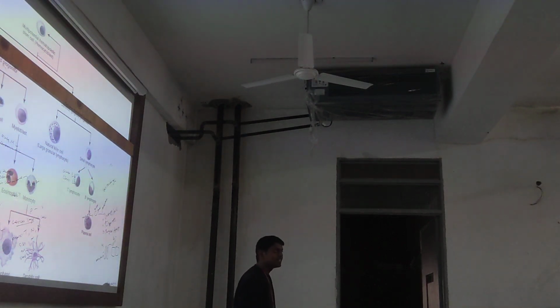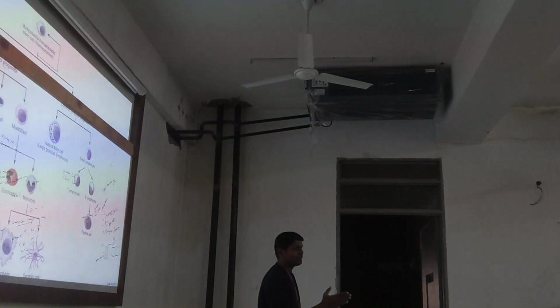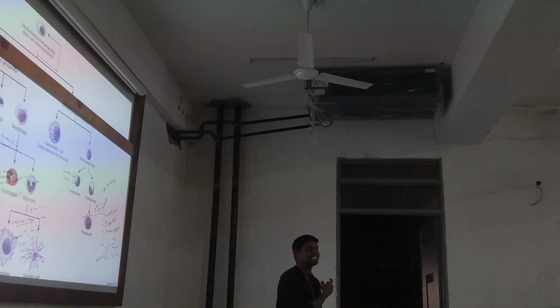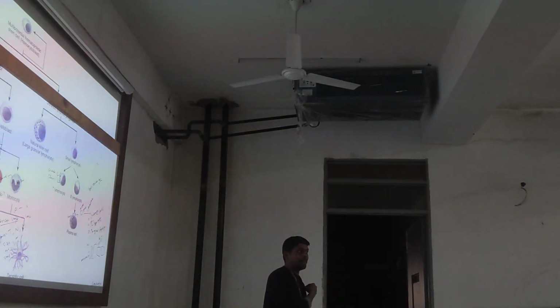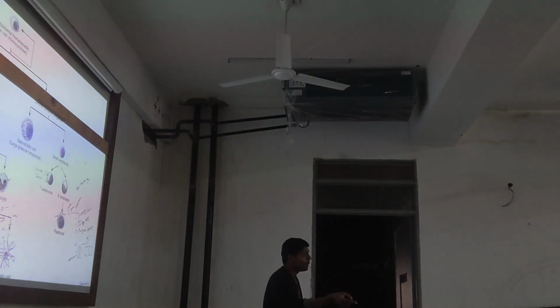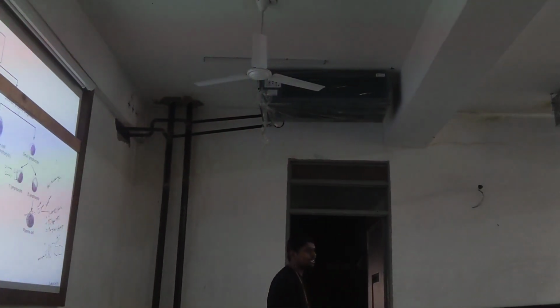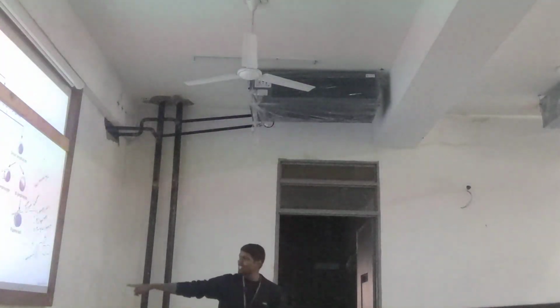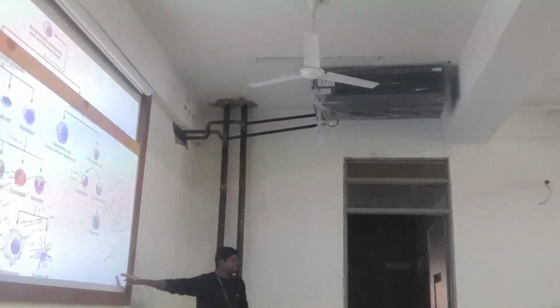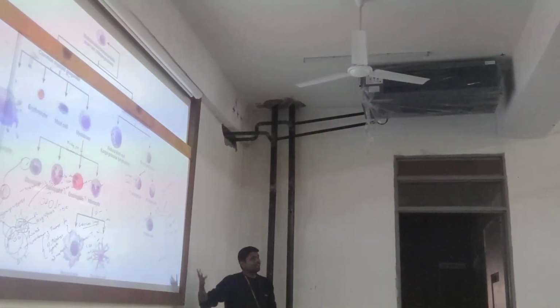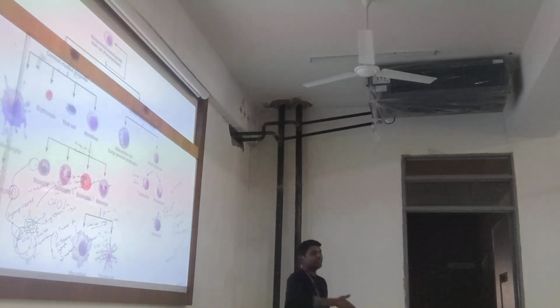Got my point? A woman was misdiagnosed and given chemotherapy because she had a lump in the breast. They made a biopsy also. Even the biopsy misguided us. Because by seeing the replacement of cells, we thought it's a cancer, let us give chemo.